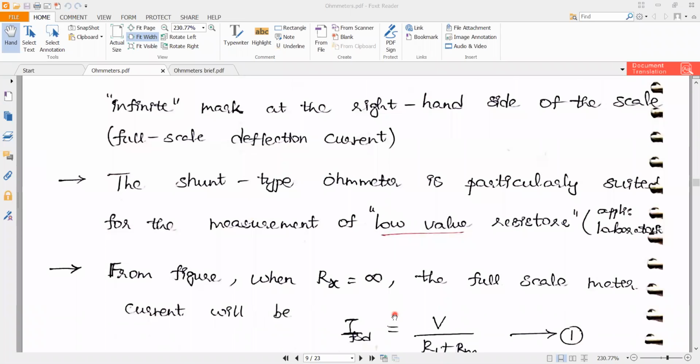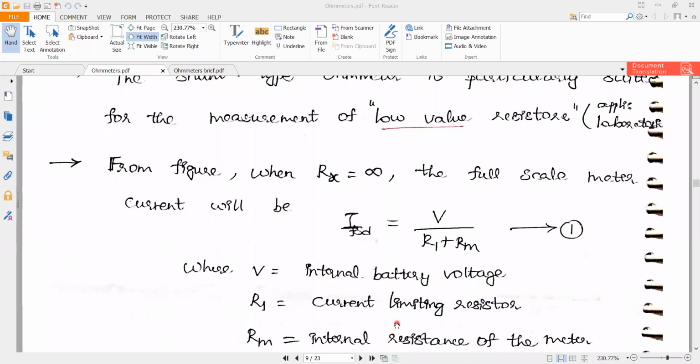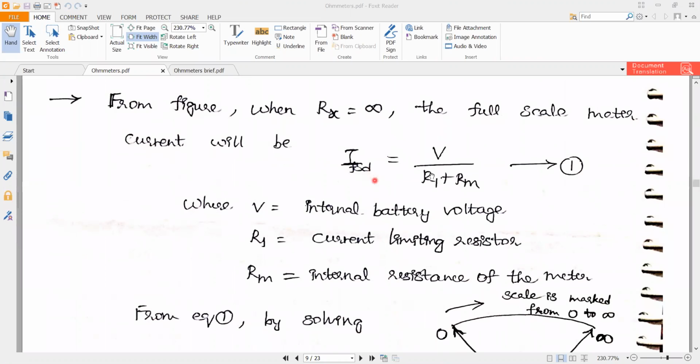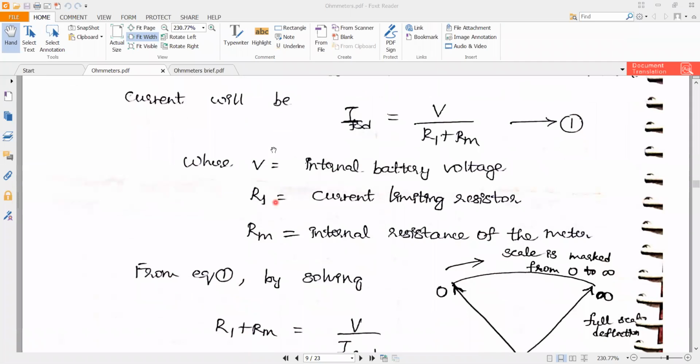When unknown resistance Rx is equal to infinity, the full scale meter current will be IFSD is equal to V by R1 plus Rm. Here R1 is the current limiting resistor and Rm is the meter resistance.